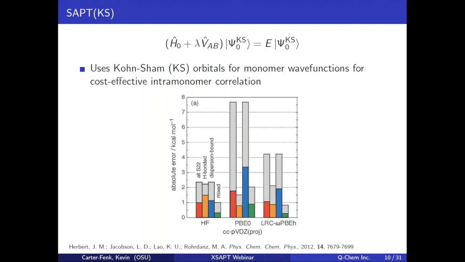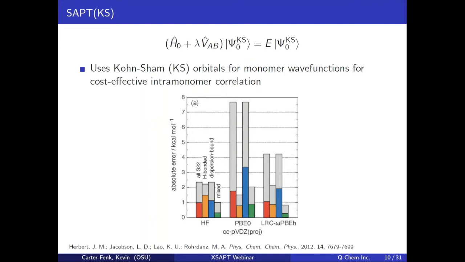And you can see that, so this is for the S22 data set of dimer interactions at equilibrium geometries, the hydrogen bonded systems errors are reduced in the density functional or the SAPT(KS) approach.